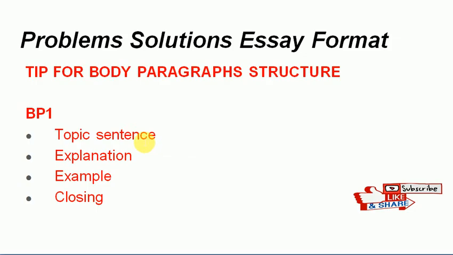After writing the solution or problem topic sentence, you have to write another sentence for the explanation. After writing the explanation sentence, you will link this point and its explanation with the help of an example. So you will present an example for this particular main point and the explanation that you have given.